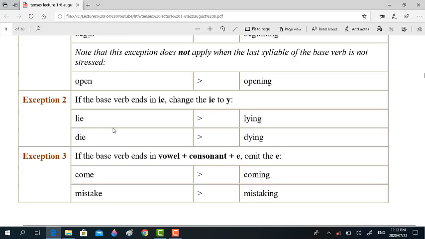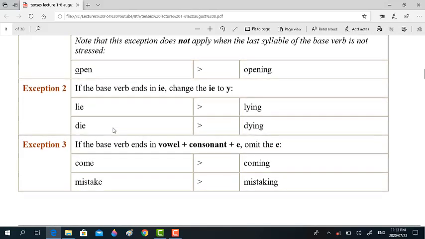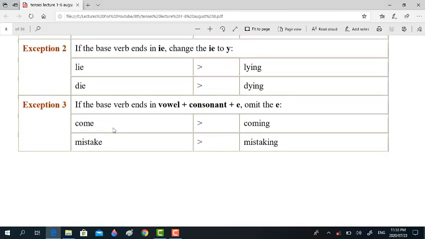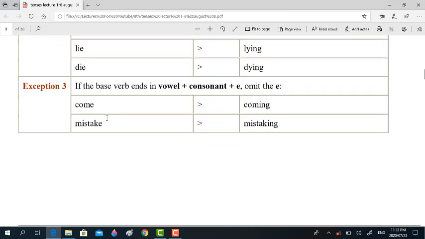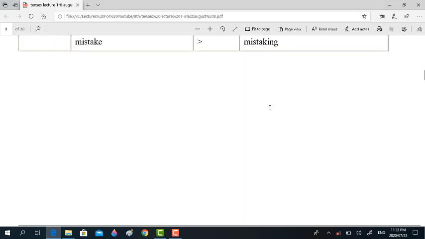IE is to change into Y. If the base verb ends in vowel plus consonant plus E, for example, come, you have to omit the last E. If there is a vowel, then consonant M and E, then you are to omit the E, like coming, not COMEING. I have witnessed students making this mistake, so be careful regarding these, very important.